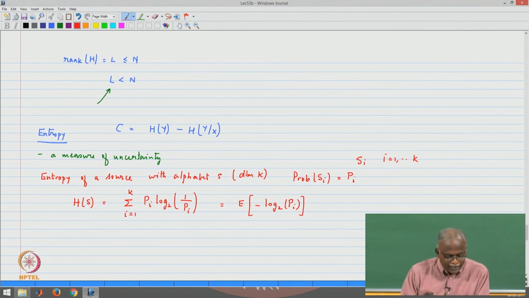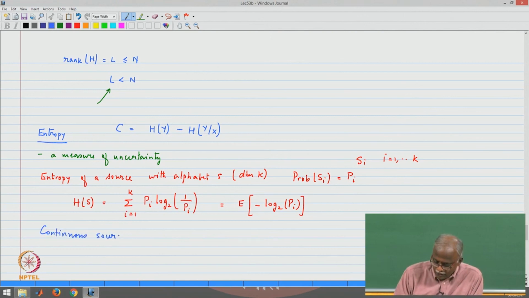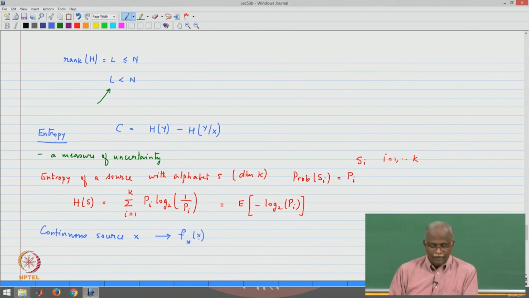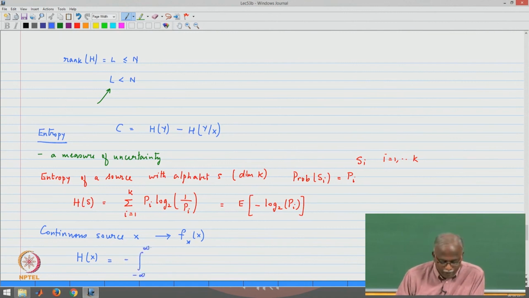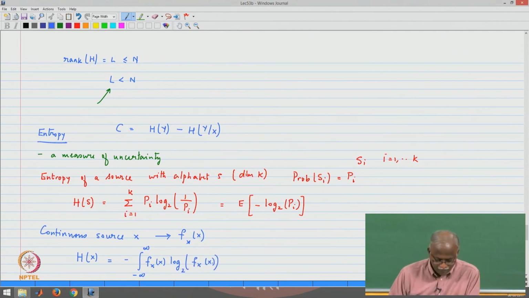Now, if you were to think of a continuous source, where the variable of interest is a source x, then you would have the corresponding probability distribution function f subscript x of x, and the entropy of this source h of x can be written as minus the integral from minus infinity to infinity of fx of x, corresponding to Pi, times logarithm base 2 of fx of x, times dx.